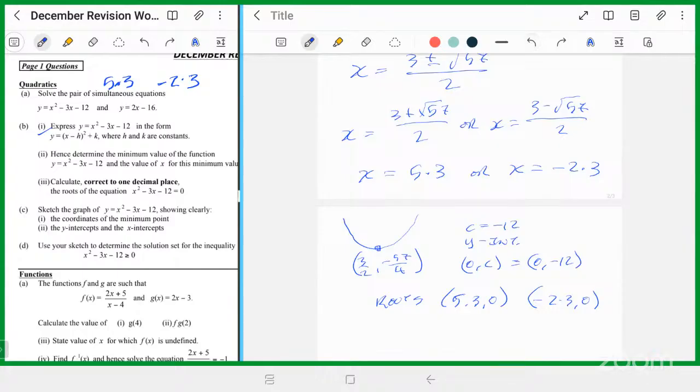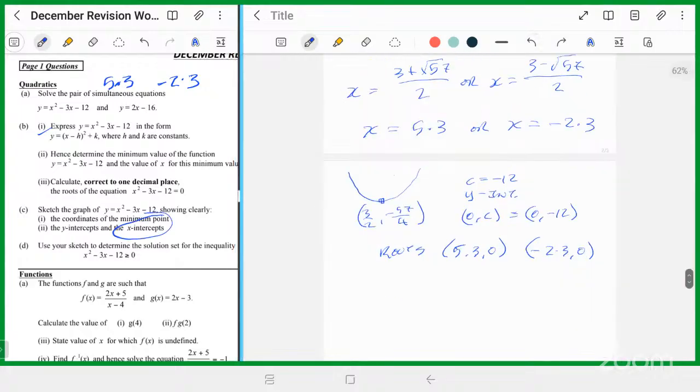And on the roots, the y value is 0. On the x-axis, the y value is 0. So that's what we want to sketch. I want us to show the minimum point, which will be this. And I want us to show the y-axis intercept, which will be this. And they want us to show the x-axis intercepts, which will be these two.